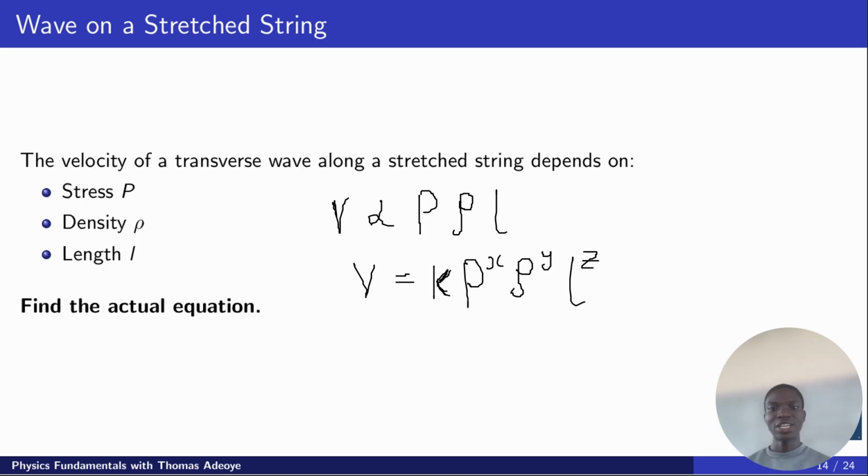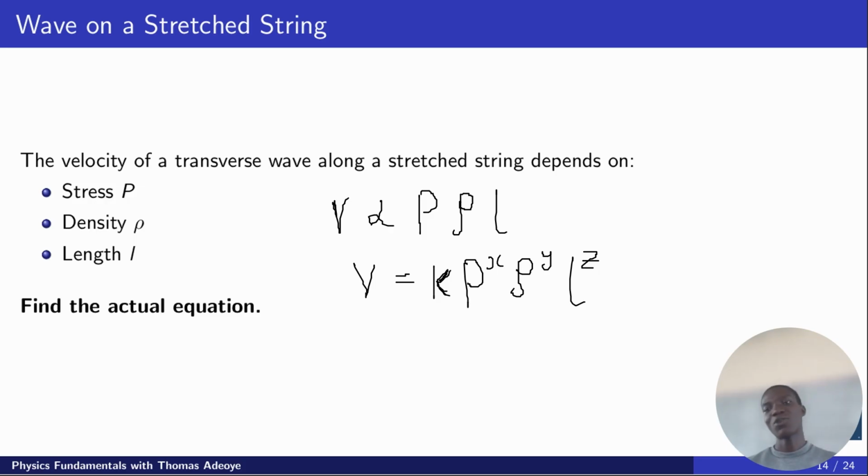We are saying that velocity depends on stress, density, and length, but we don't know how. So it is now our duty to use dimensional analysis to show how velocity depends on all of this.